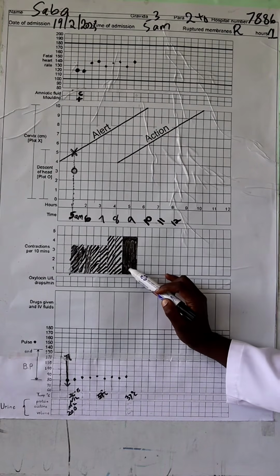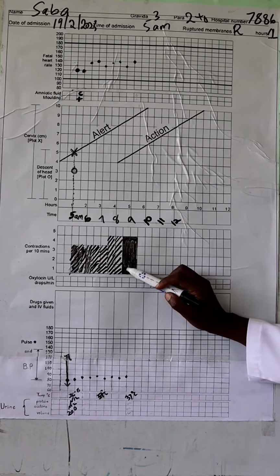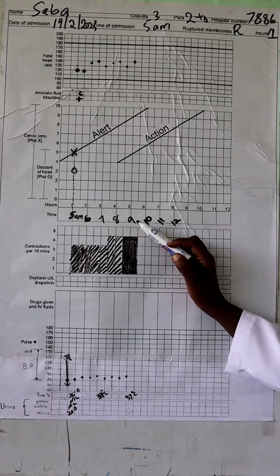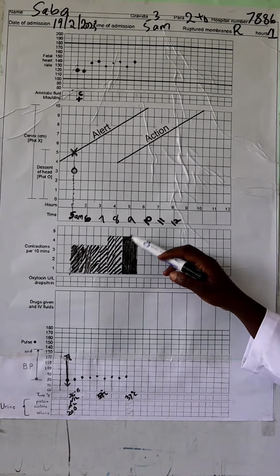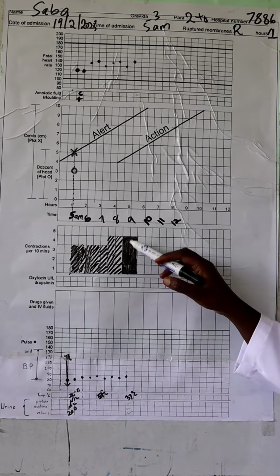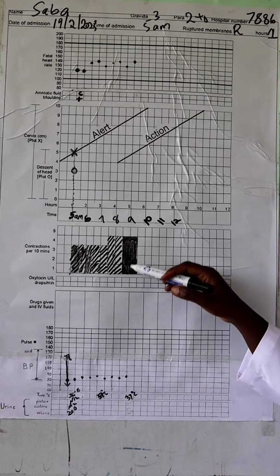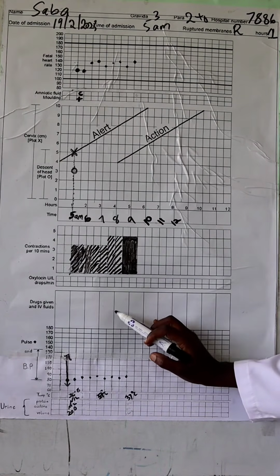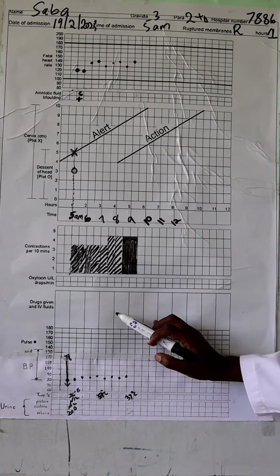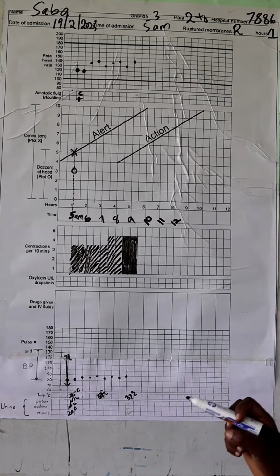So we are charting 4 contractions going upwards, 1, 2, 3, 4. So these are contractions, and as you can see, we are charting with a total shading inside the boxes. So you chart the 4 of them and you completely shade, and the pulse is 88 as charted below.